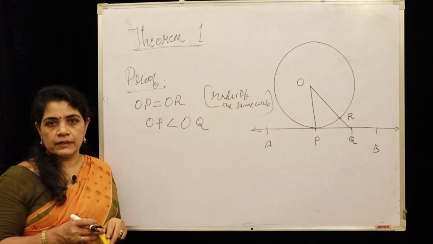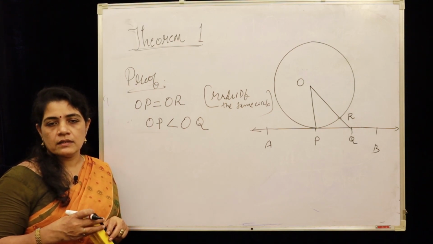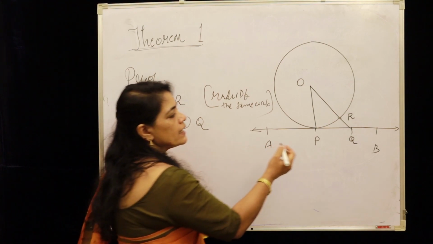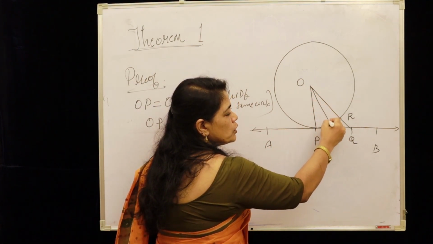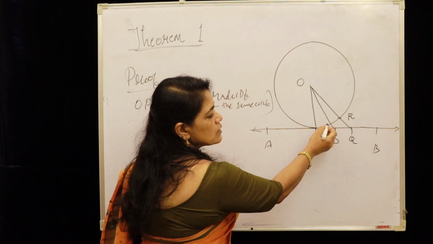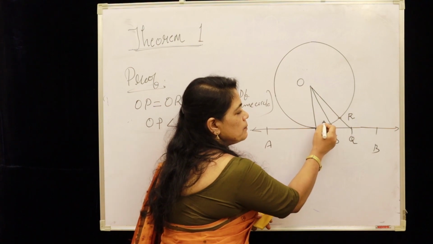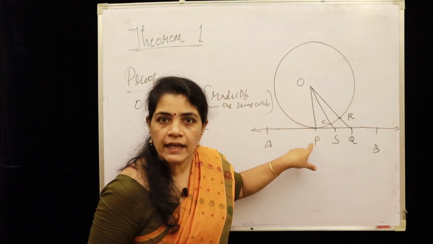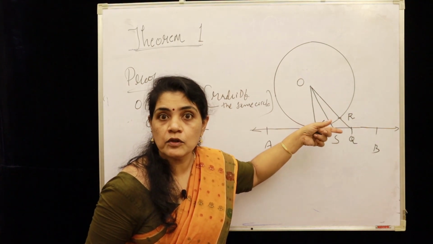This will happen for any other point, not only for Q. If you select another point S here and join O to S, this OS intersects the circle at C. OC is a radius of the circle, so CS is the extra portion.